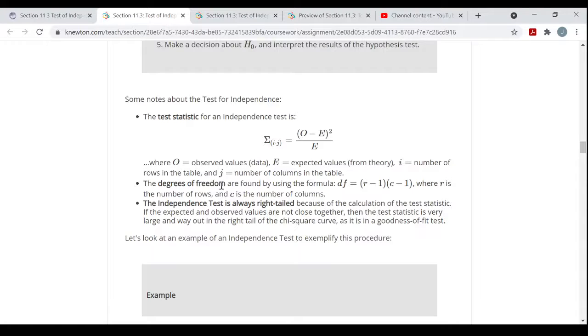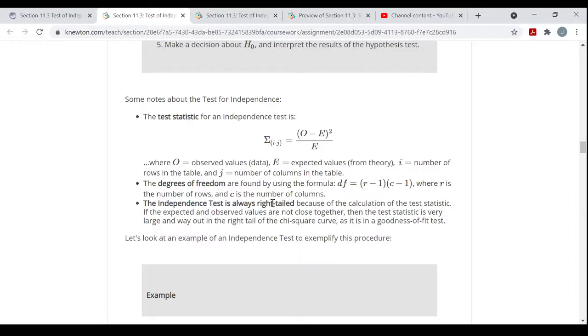The degrees of freedom are found by using the formula (r minus 1) times (c minus 1), where r minus 1 is the number of rows in the contingency table minus 1, and c minus 1 is the number of columns minus 1. So it's the number of categories for the row variable minus 1, times the number of categories for the column variable minus 1. This will be the degrees of freedom for our chi-square distribution.